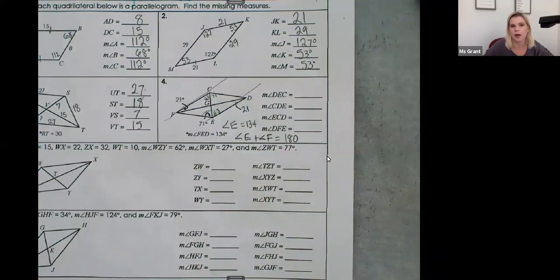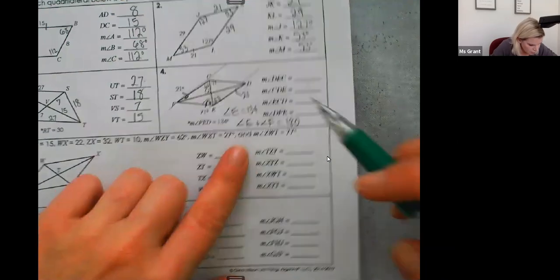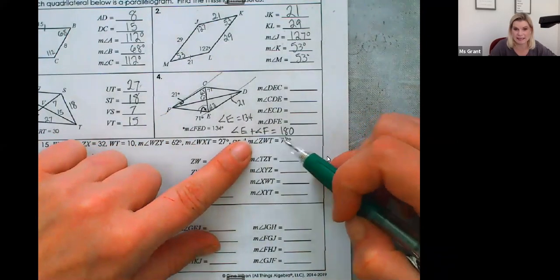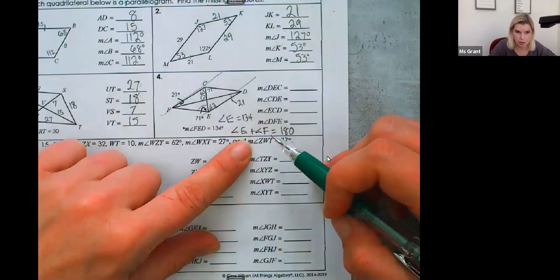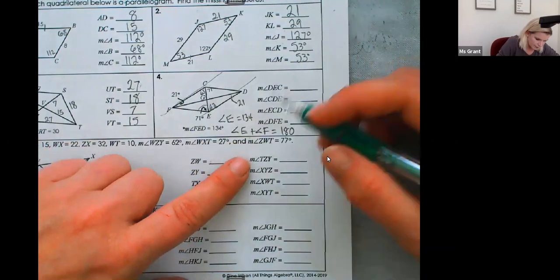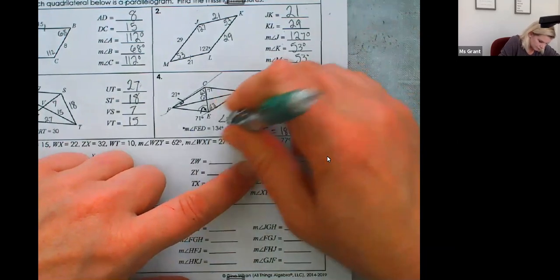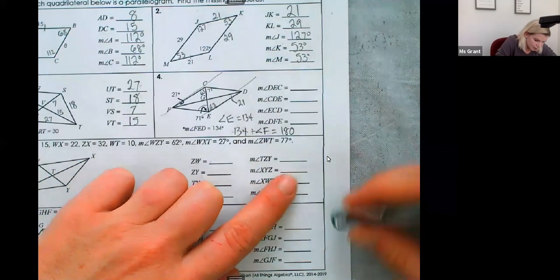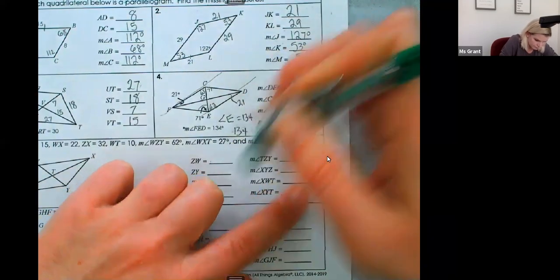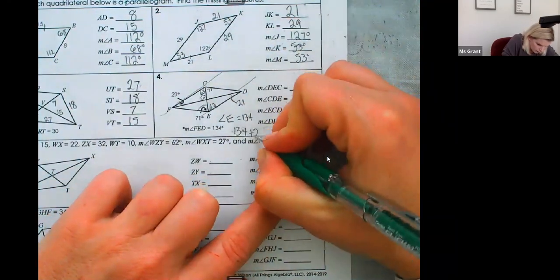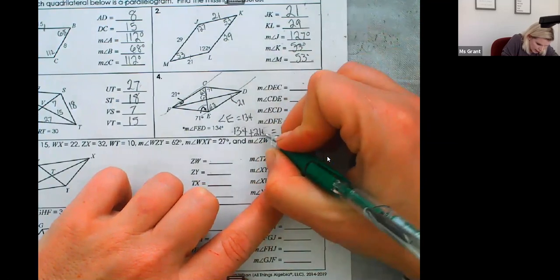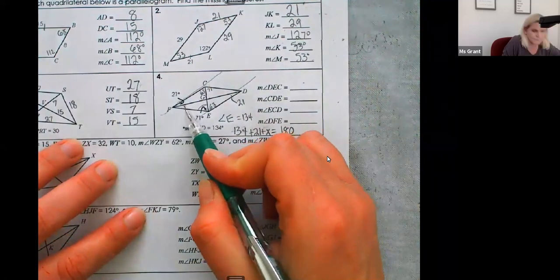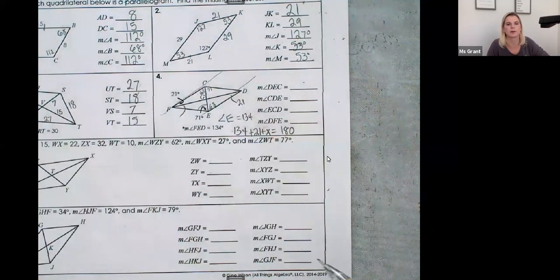Now, I also talked about the measure of angle F plus the measure of angle E equaling 180 because they are consecutive angles. So I've got angle E, 134 degrees, plus angle F. Well, I already know 21 of it. Plus 21 plus X. We don't know what this is, the lower portion under 21.